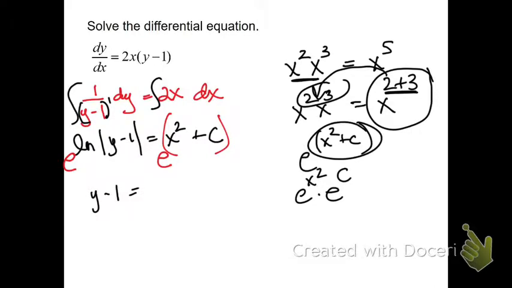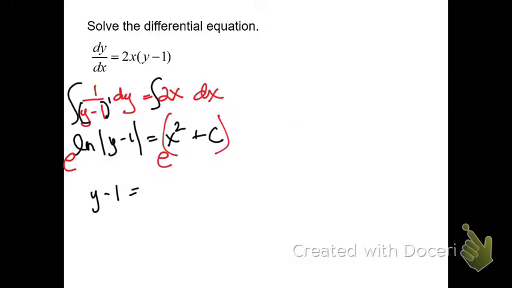All right, now one more glitch. e to the c, if c is a constant that you don't even know what it is, then e to the c is still a constant that you don't know what it is, so you replace e to the c with just c. All right, so let me do that again for you over here within the problem.